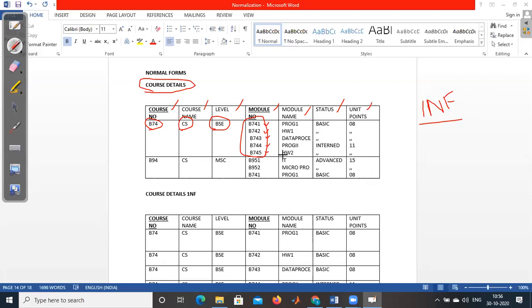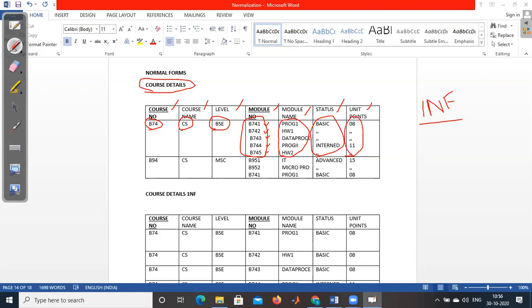See here for the module name also, a bunch of values is kept in a single cell. Status also has a bunch of values in a single cell, and unit points are done in the same way.